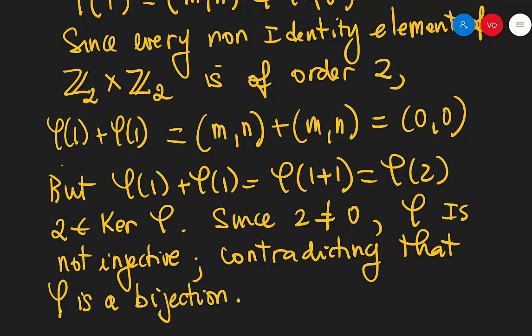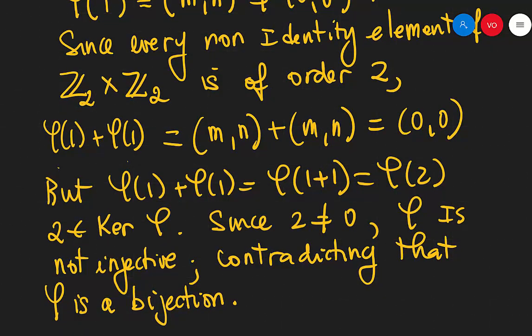Okay, so it's not possible to define an isomorphism between Z4 and Z2 cross Z2.